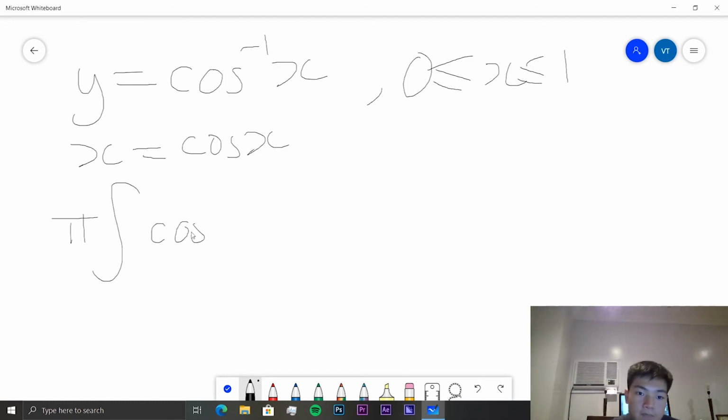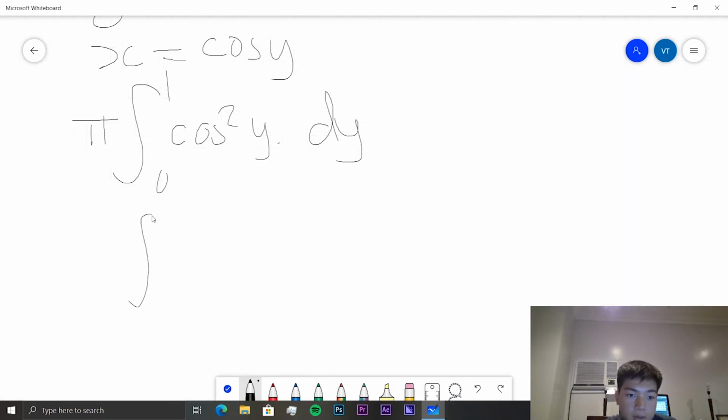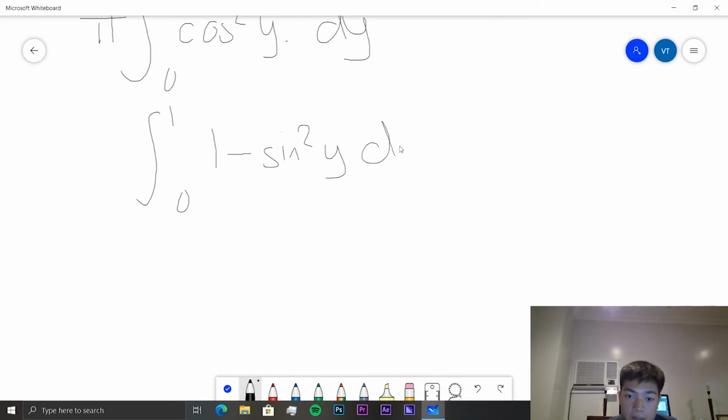So this is cosine squared y. Why have I written x there? dy between 1 and 0, which is equal to 1, 0, and then we can use 1 minus sine squared y dy.